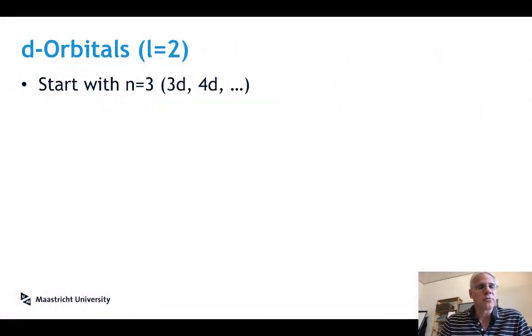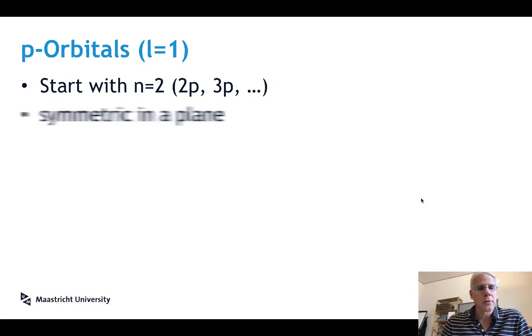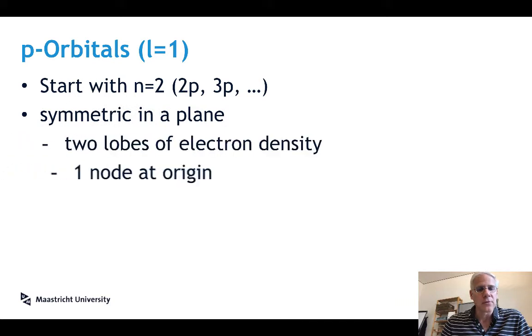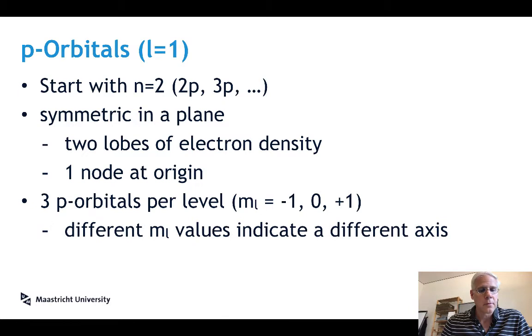Now for our d orbitals, we have L equals 2. Actually, let me go back because I thought I had a picture of the p orbitals there. There we go. And so our p orbitals are actually going to look something like this.